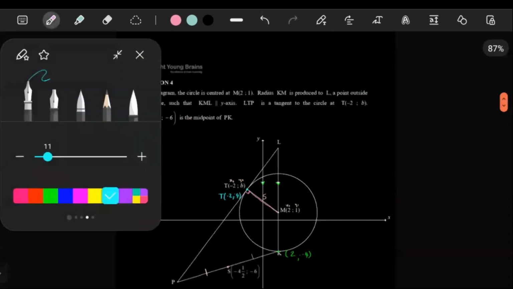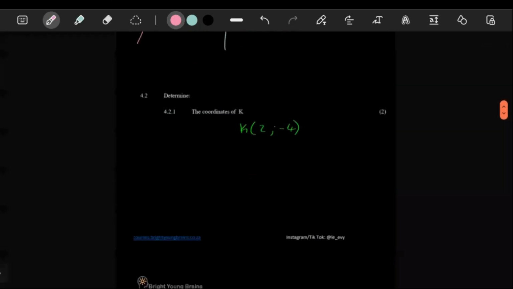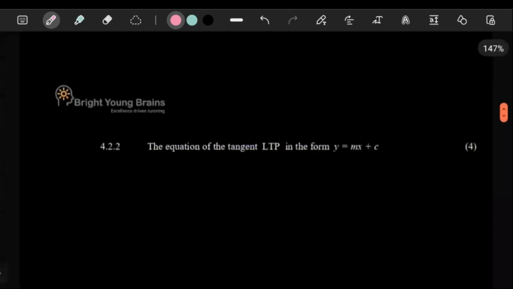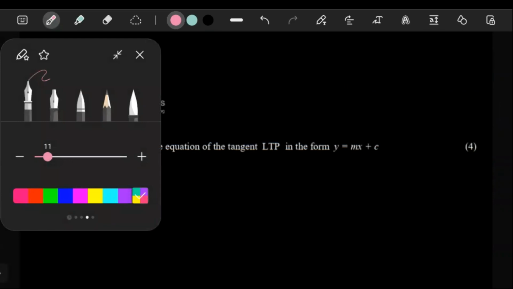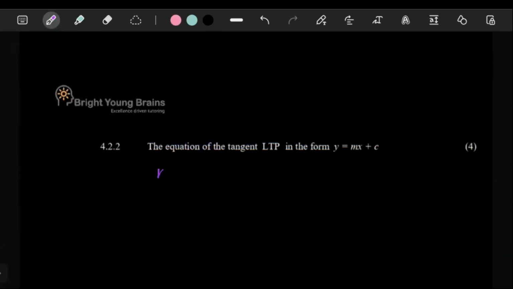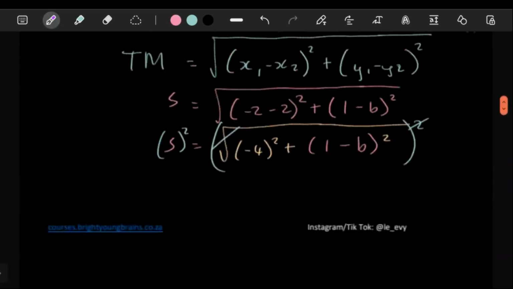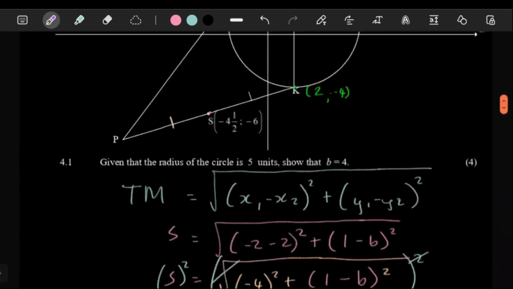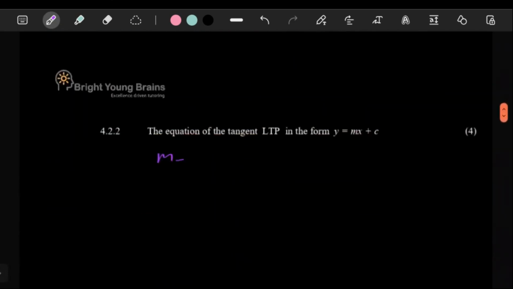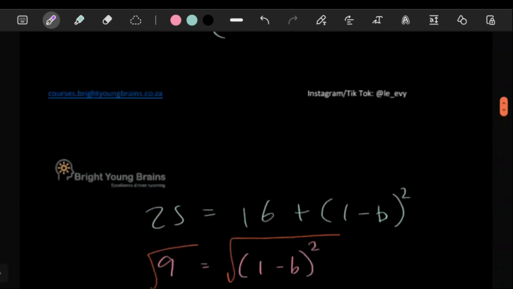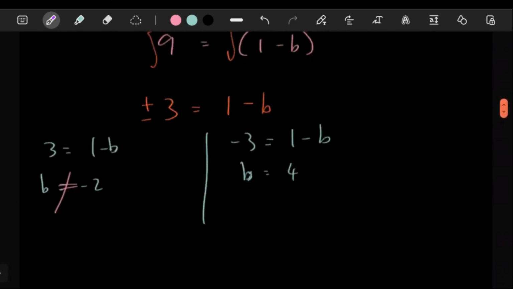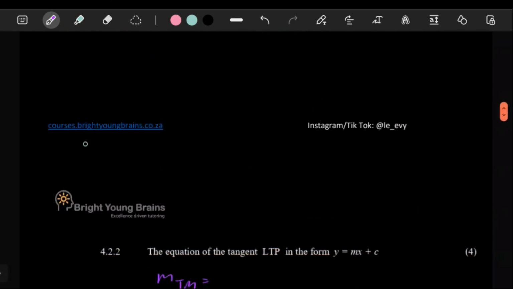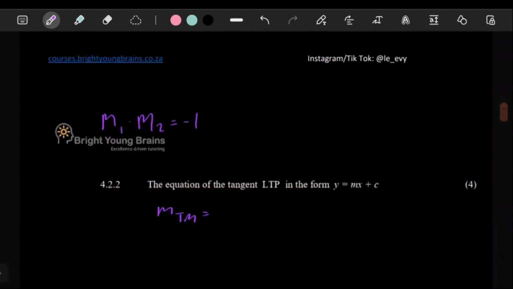So we need the gradient of TM, because once we get it, we're going to use the formula m1 times m2 equals negative 1.